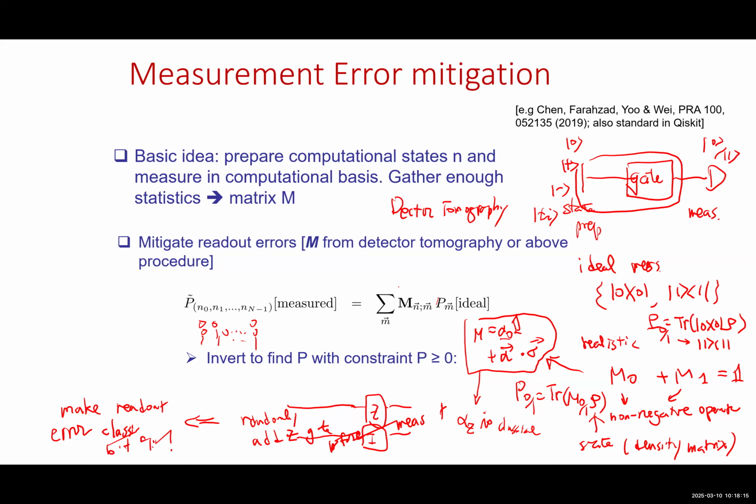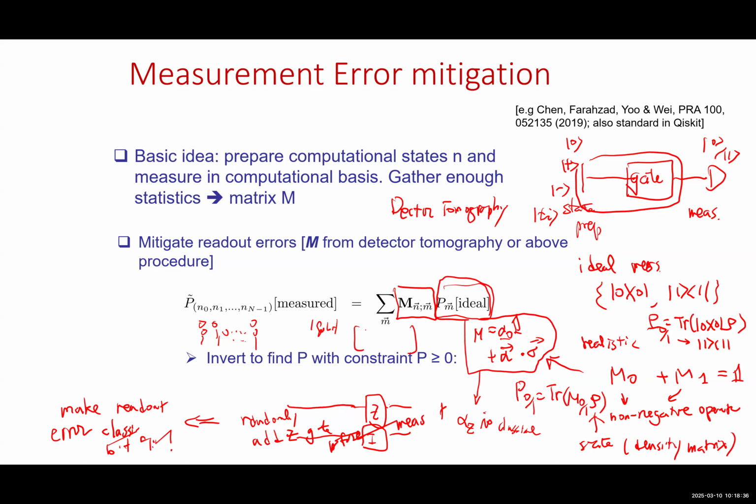Like if I prepare 0, that would be the preparation. 1 might be the probability of getting 1, and you might also get the probability of getting 0. So you get a matrix. Let's say 1 qubit, you get a 2 by 2 matrix.